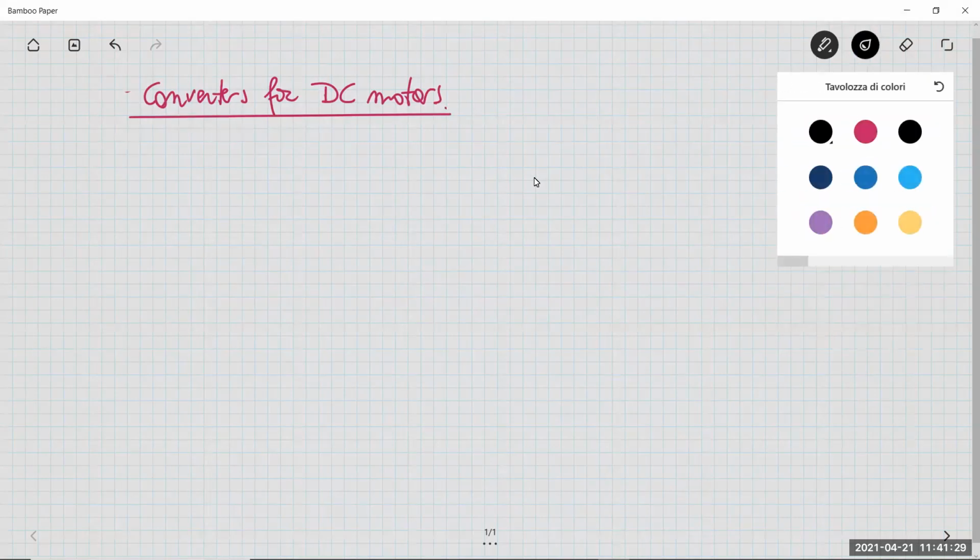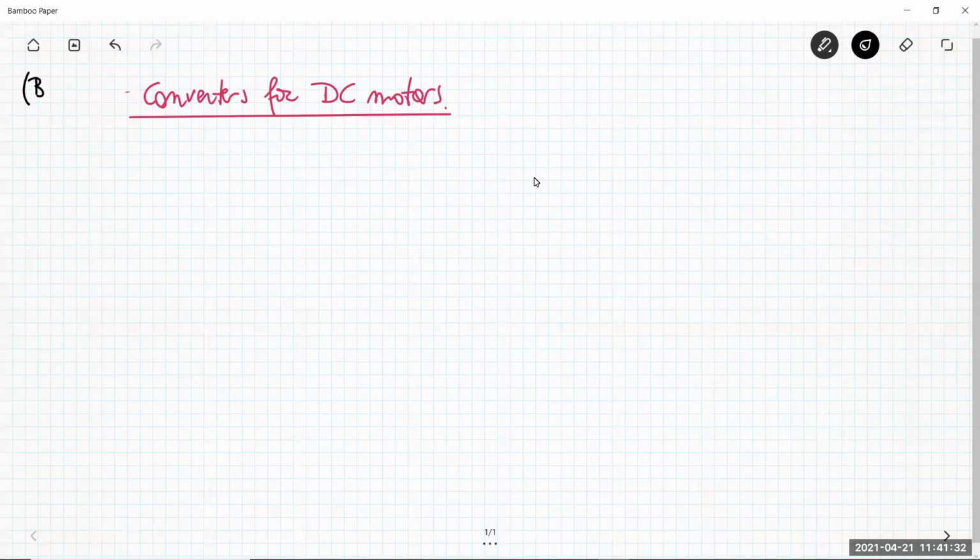Let me just put here the adjective bidirectional converter for DC motors. In order to illustrate these bidirectional converters for driving direct current motors, let's start with an example.